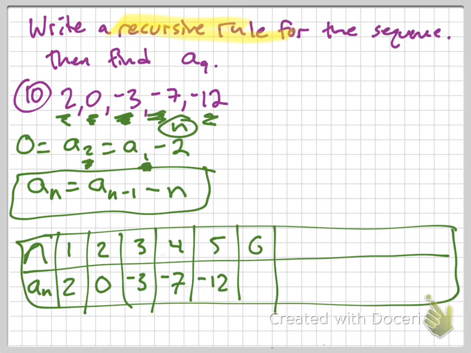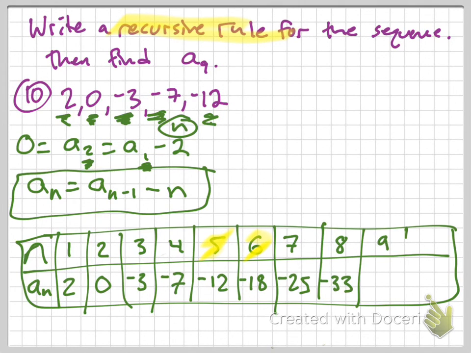So the sixth term, if I use my rule, well, I subtracted 5 on the fifth term, right? So now I'm going to have to subtract 6 from the previous one. That'll give me -18. The seventh term, I'm going to have to subtract 7 from the previous term, -25. The eighth term, I'm going to have to subtract 8, so -33.